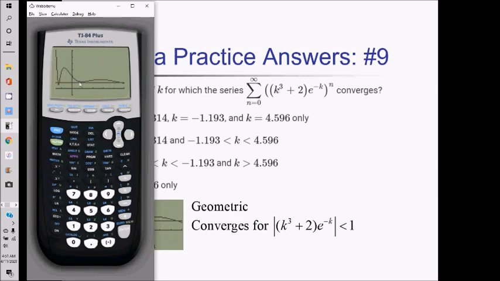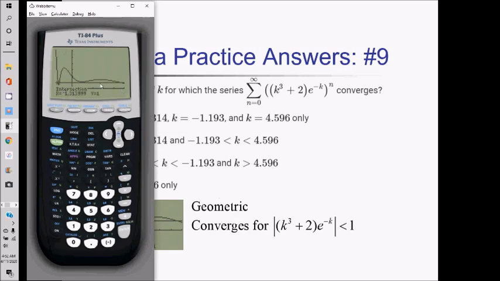So let me do second trace, and then we'll do intersect 5. And then let me go all the way back here to the first place where these things intersect. All right, so press enter 1, 2, 3 times. We have an intersection at roughly negative 1.314.